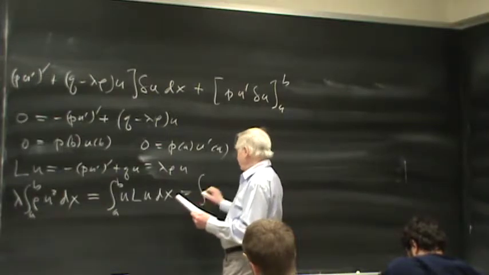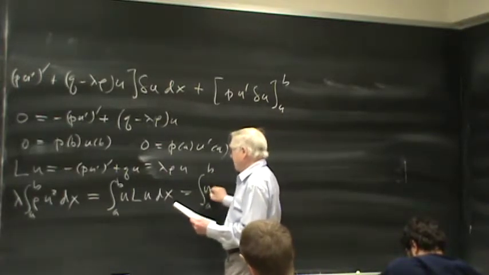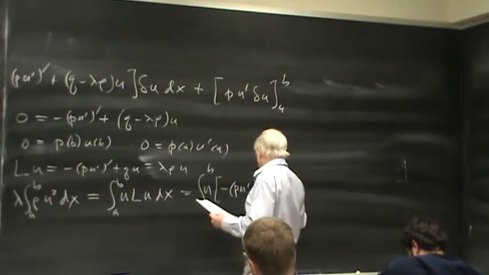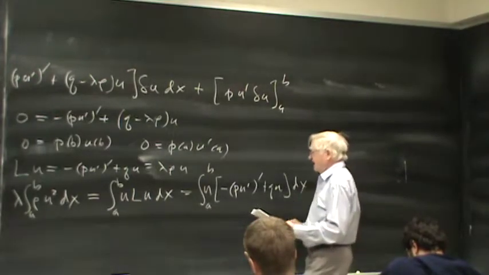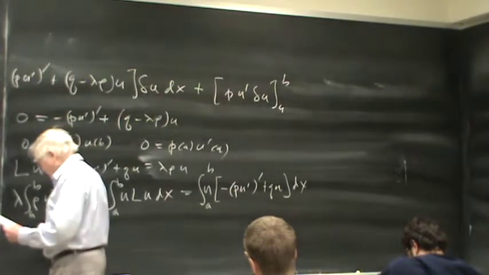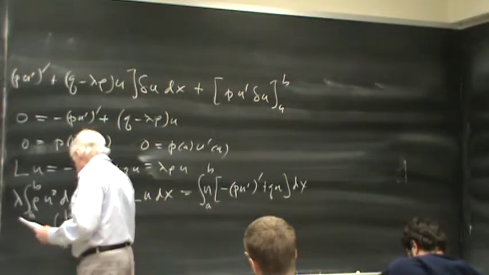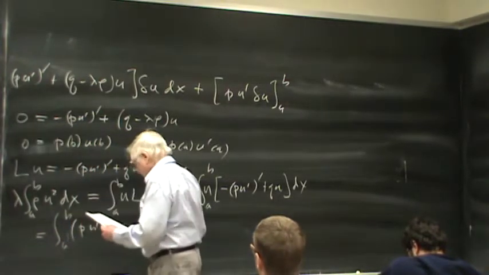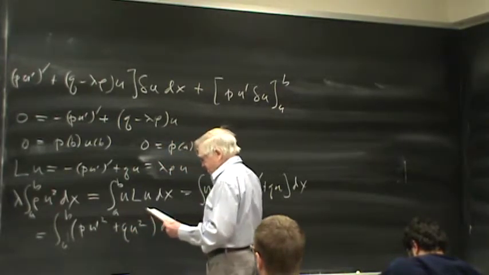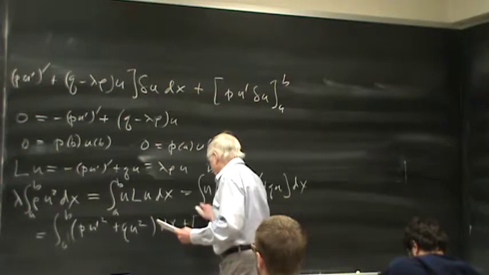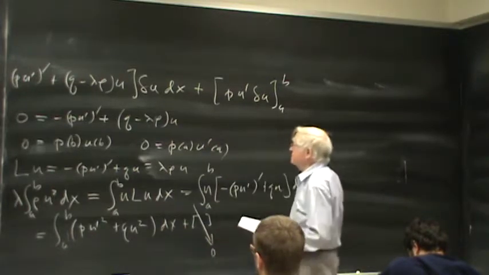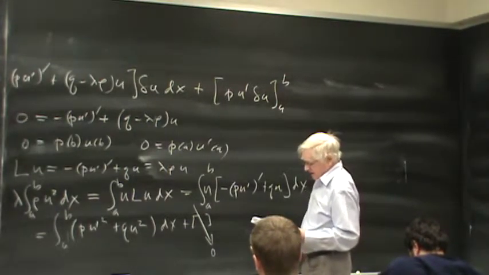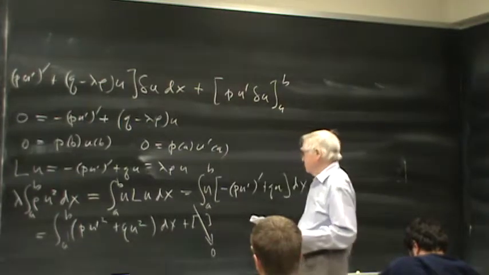And now this is the integral from a to b of u times minus (pu')' plus qu dx, and this integrates to the integral from a to b of p u prime squared plus q u squared dx, plus the boundary term that we've assumed is 0 because we assume that u satisfies these boundary conditions.